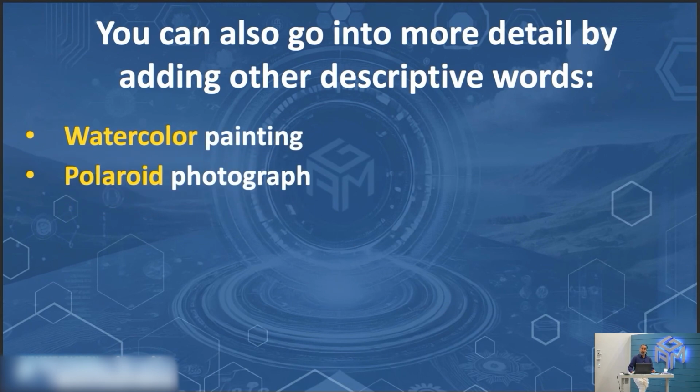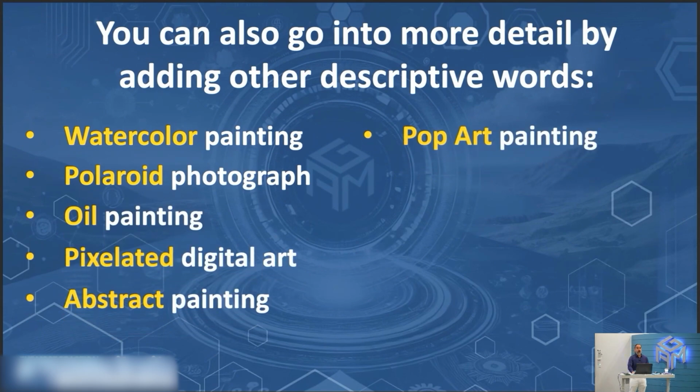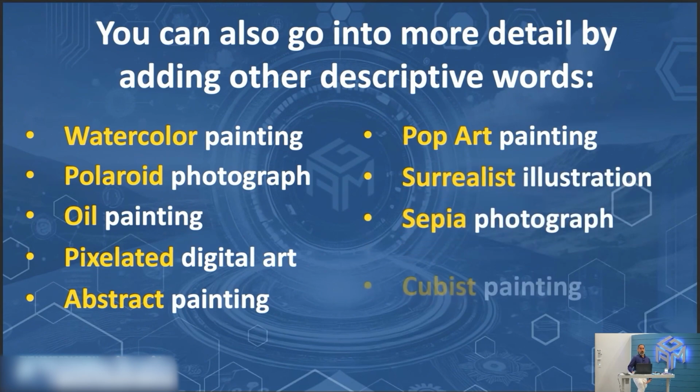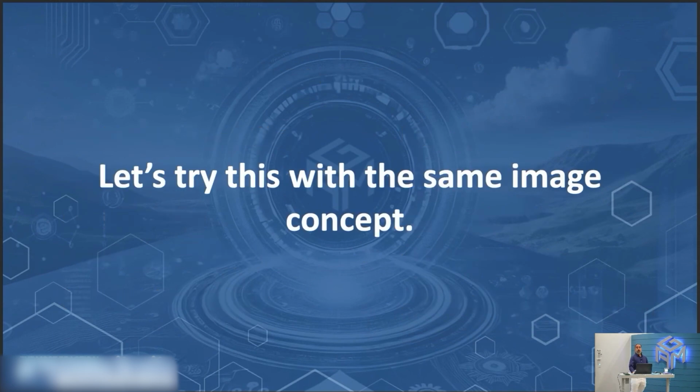Watercolor painting, Polaroid photograph, oil painting, pixelated digital art, abstract painting, pop art painting, surrealist illustration, sepia photograph, cubist painting, steampunk digital art, and so on. You can even get very specific. For example, this camera right here that we're using, what is the name of the camera? Sony FX3.